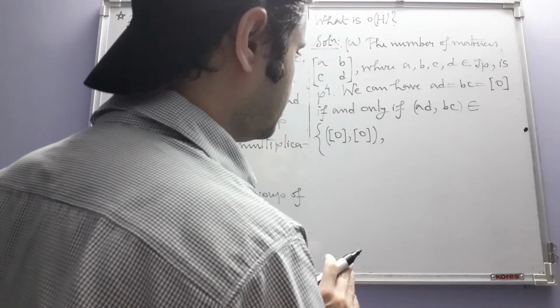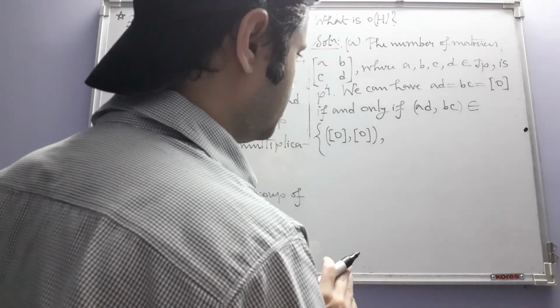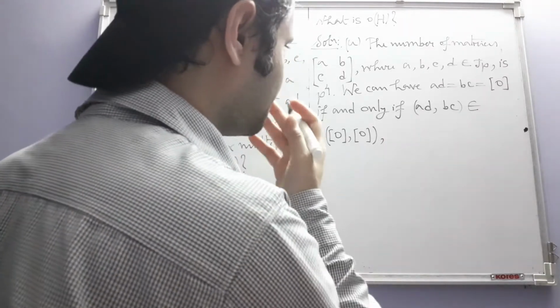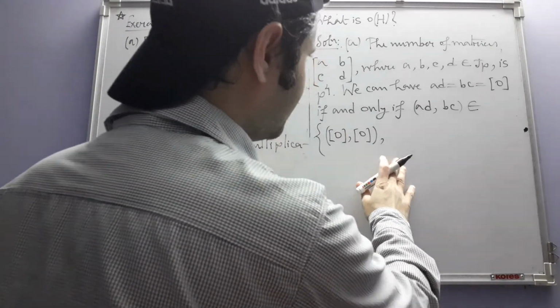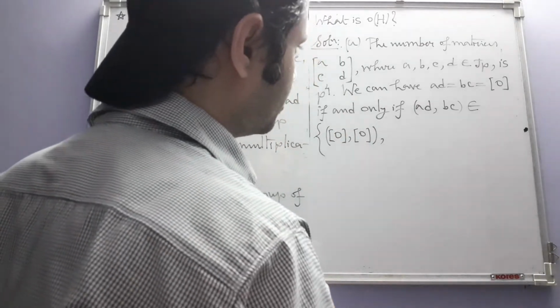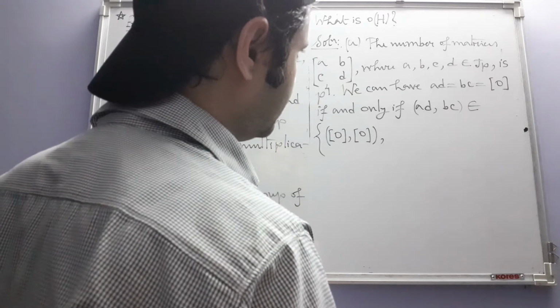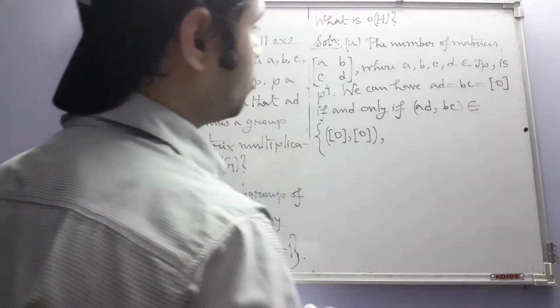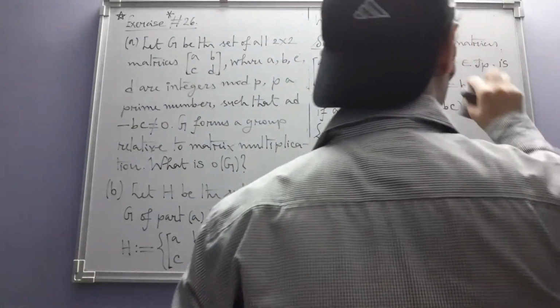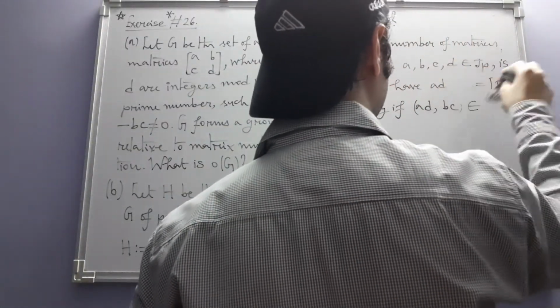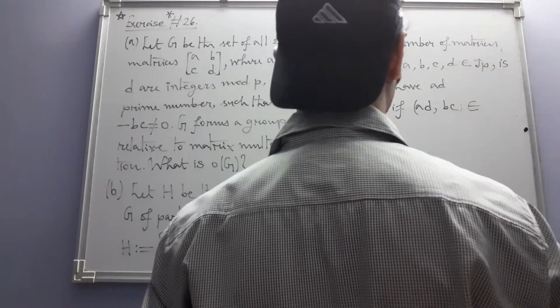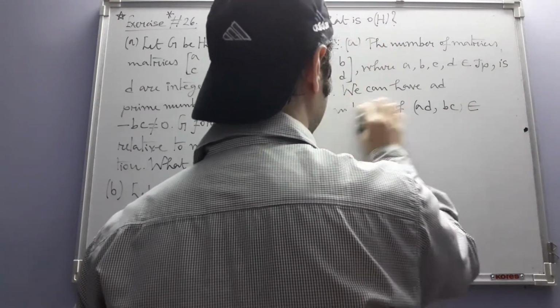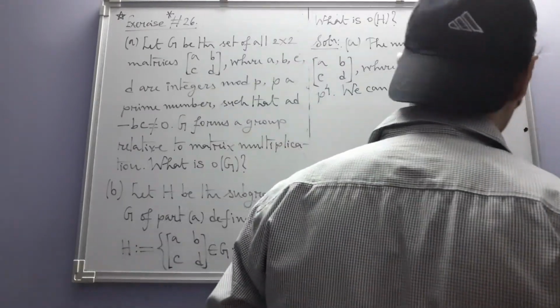Then of course both of them will be 0. Then AD and BC will both be 0. So what I wanted to write is something else. Oh yes. Just AD equal to 0.